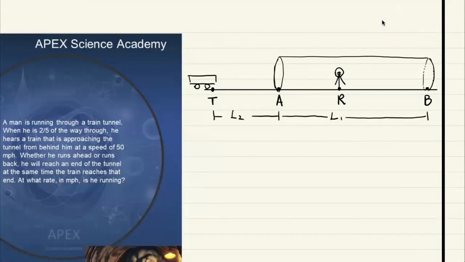The question says that when the runner first hears the train approaching, he is 2/5 through the tunnel, which means the distance between A and R is 2/5 of L1.